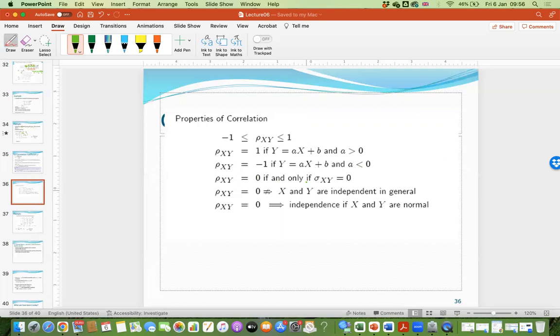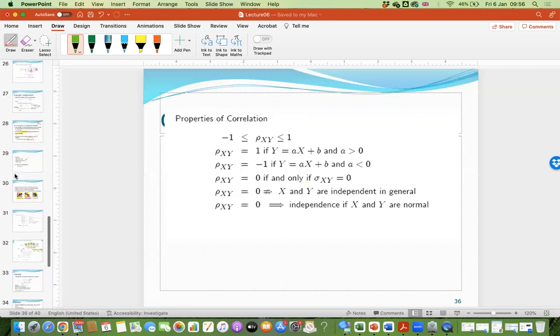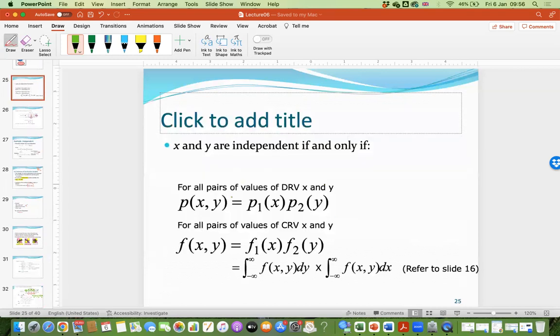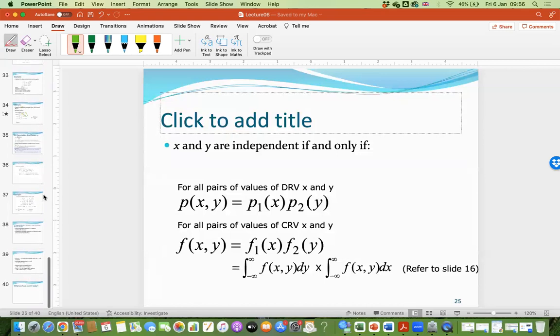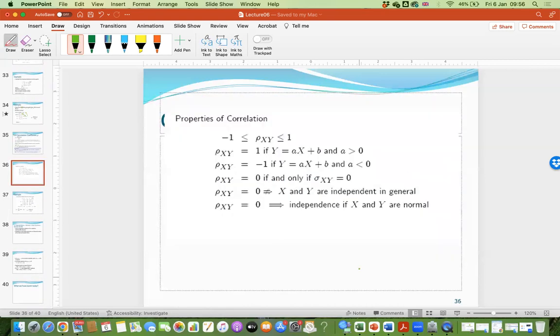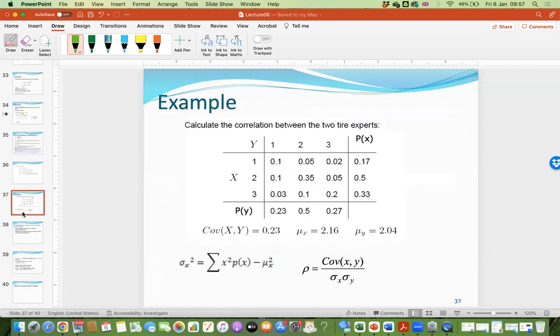You can only say that they have a weak relationship. Unless you test, like I mentioned to you so many times, using this equation plus the correlation coefficient, then you can confirm it's independent. Remember this. Okay, so I give you one example.